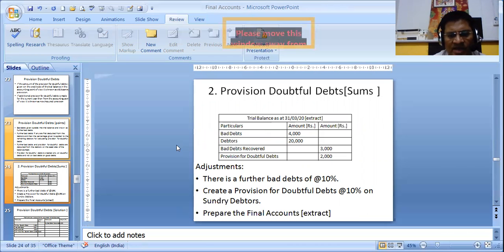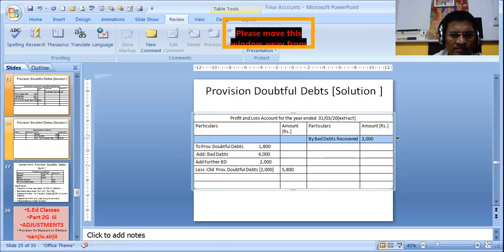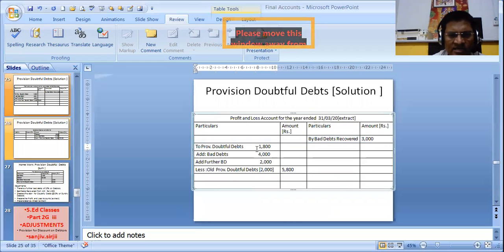Let's see how the P&L account and balance sheet will look. Since the bad debts recovered is already given in the trial balance, we have recorded it on the credit side, because the income is closed in the P&L account credit side. Then the required provision we have to find out is 1800. We will see how 1800 comes.